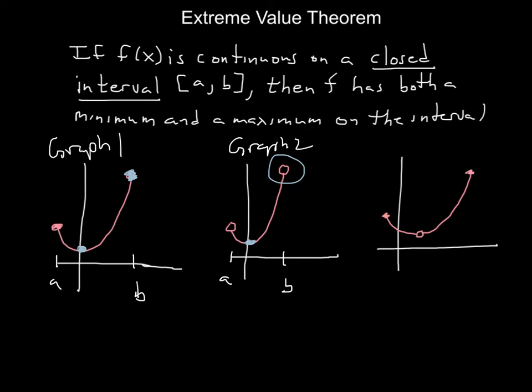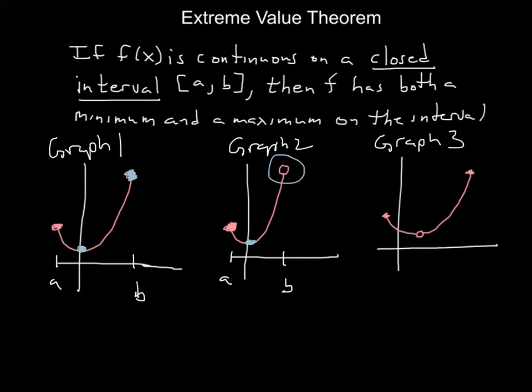It's also important to remember that this would still be true if the interval was closed at a but not at b. We would still not have a maximum on this one. Our third graph, graph 3 in this case.